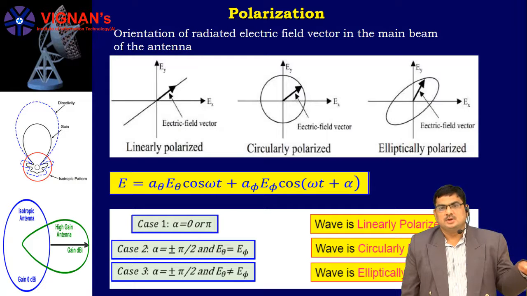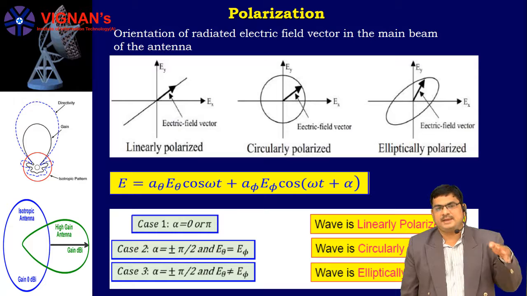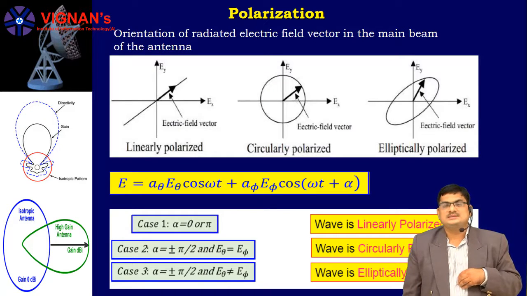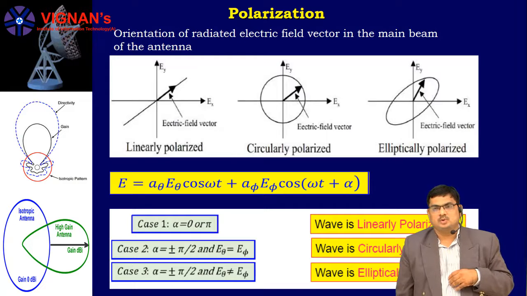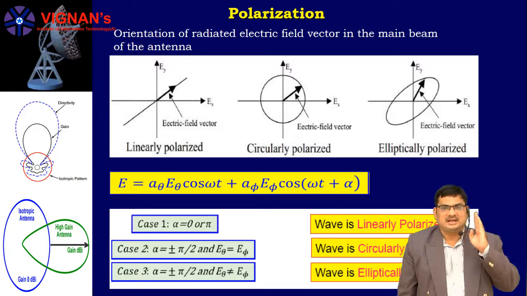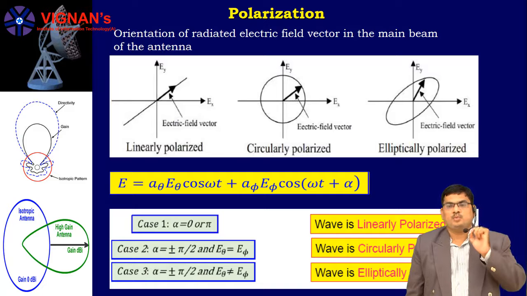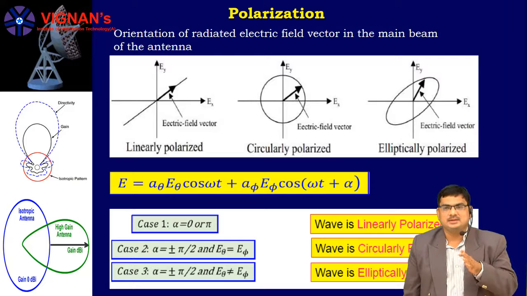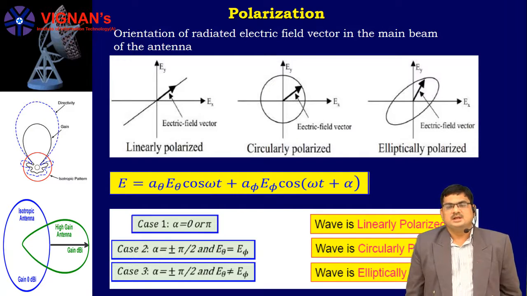If it is traced along a line at some angle, then it is called theta polarization. So linear polarization means the electric field vector is in one line direction only: in a vertical line it is vertical polarization, in a horizontal line it is horizontal polarization, and at some angle it is called theta polarization.